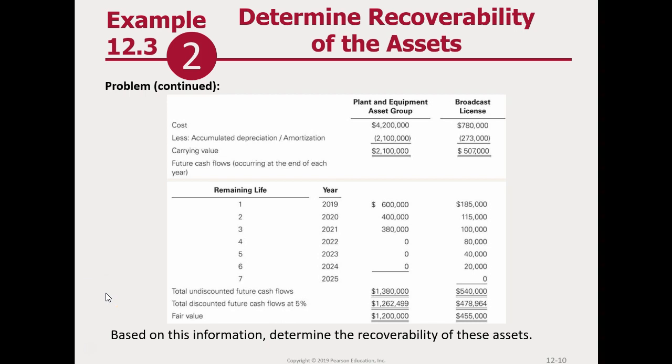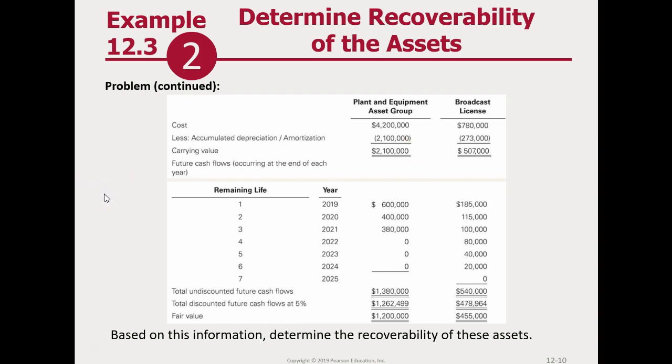And I will just point out that the fair value is given for our broadcast license. It's $455,000. So if we had to go to step 2, this is lower than the actual carrying value, which is 507. Normally we don't have its fair value unless we've had to have an appraisal for it. But in this particular example, we have full information at the beginning of the problem.